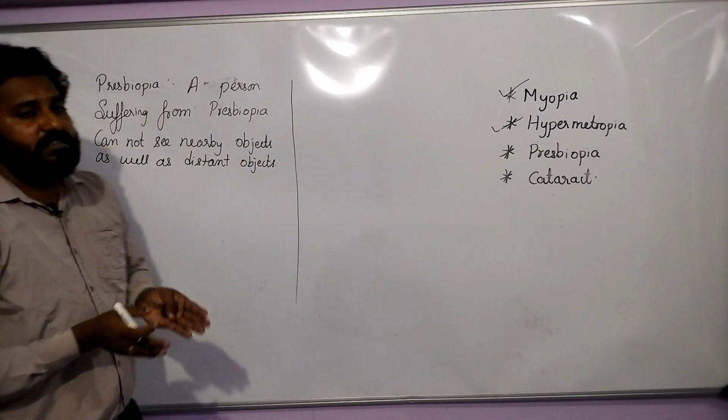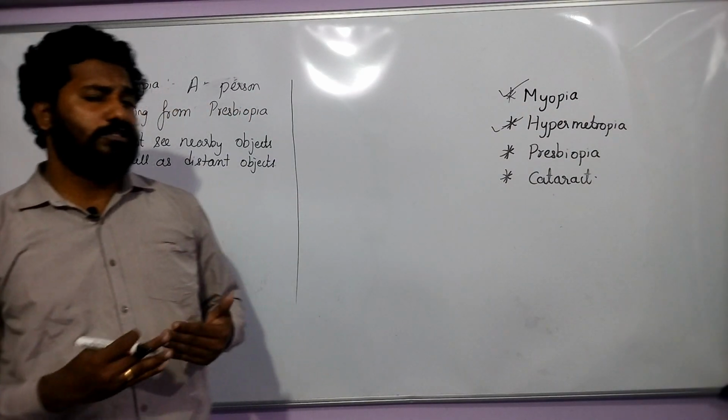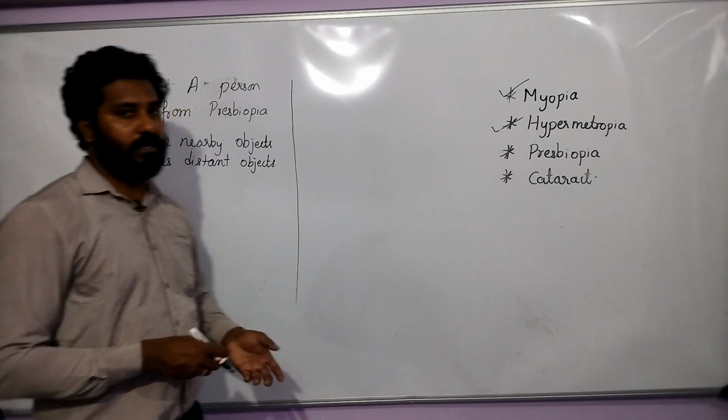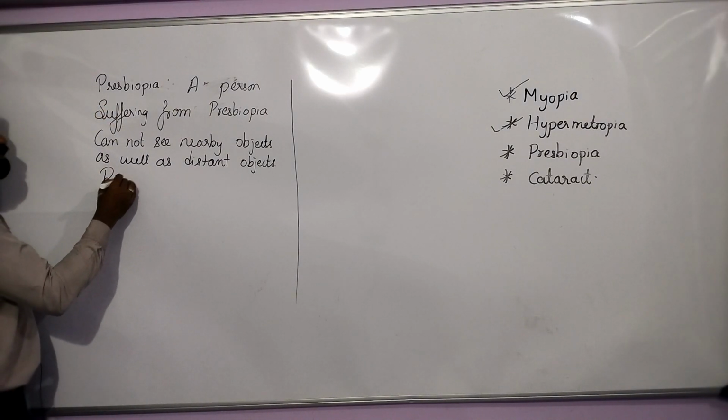A person suffering from presbyopia cannot see nearby objects and also distant objects. He is called presbyopic. So what are the reasons?